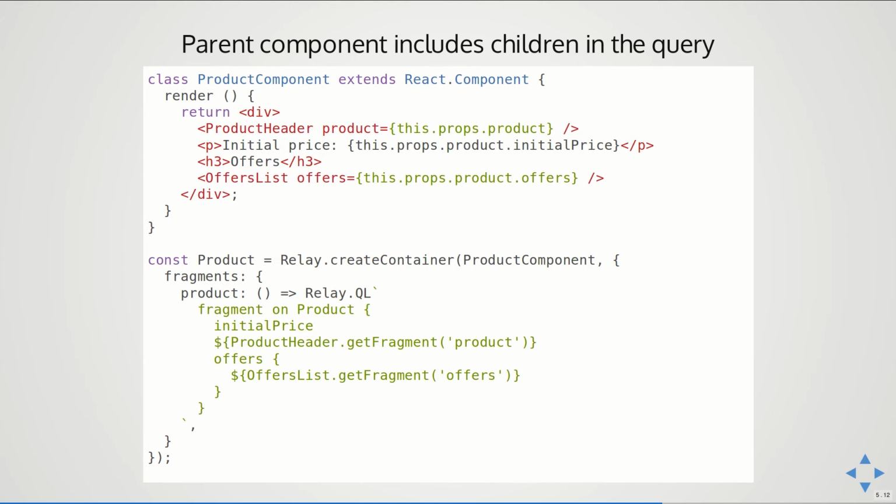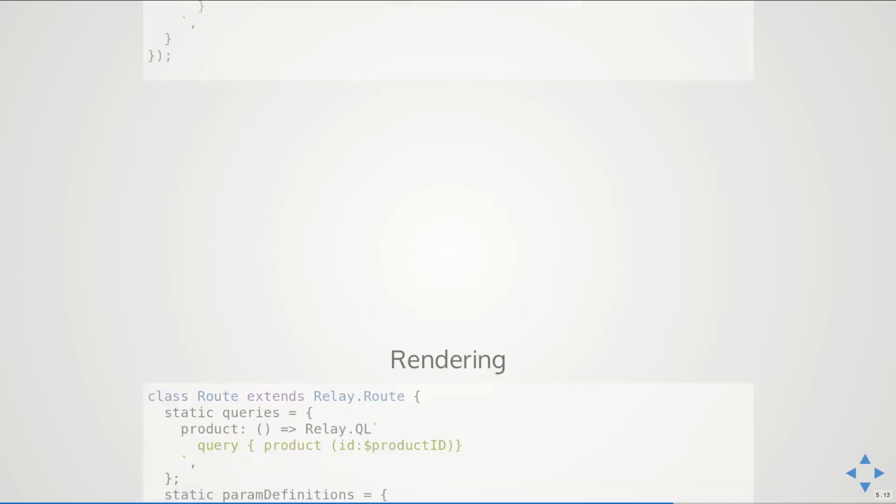We have children that want some data, but the only thing that Relay requires from us is to define which fragment to use. So for product header, we want a fragment called product. For offers list, we want a fragment called offers. And the nice thing about this is that the product component really doesn't care about what data the children components really need. It just says, okay, I have these children, they need some data, go get it for them.